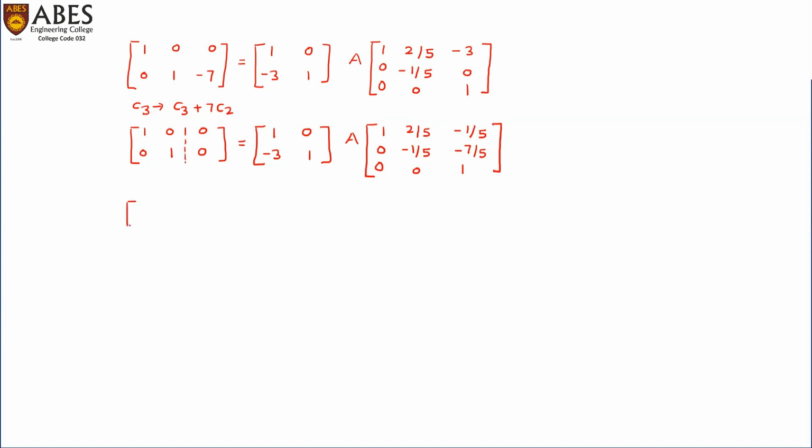The identity matrix of order 2 and the null matrix of order 2 cross 1.